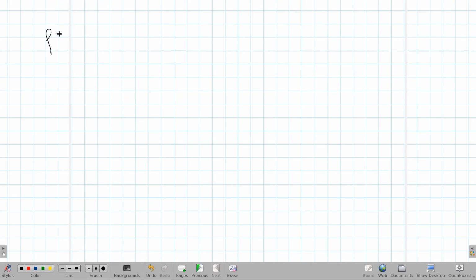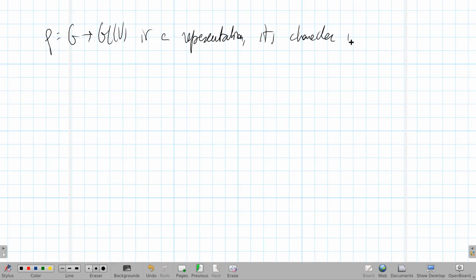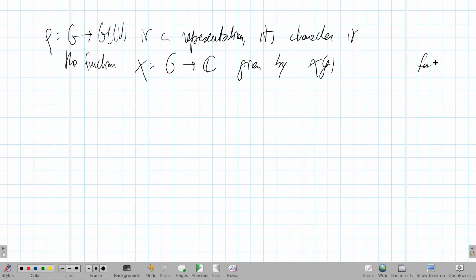If rho from G to GL(V) is a linear representation, its character is the function chi from G to C given by chi of g, for g in G, is the trace of rho(g).